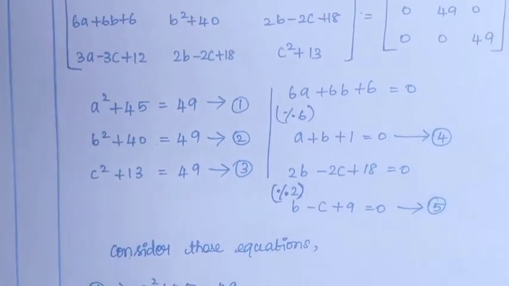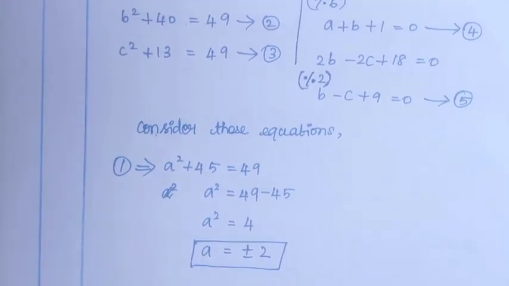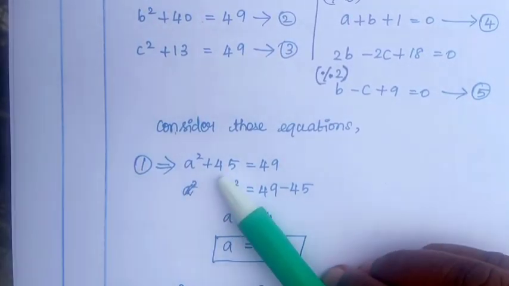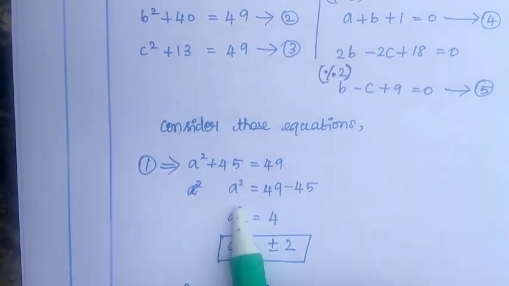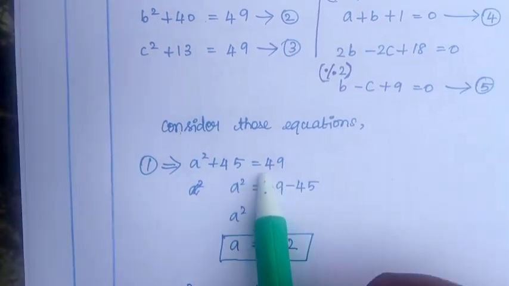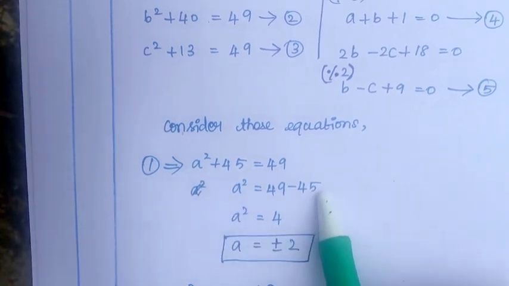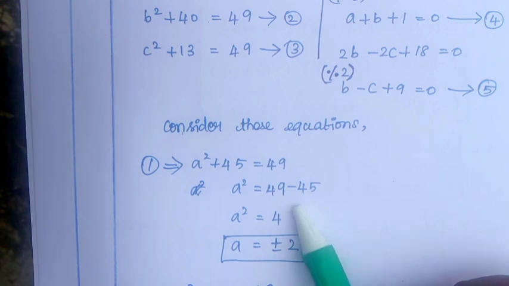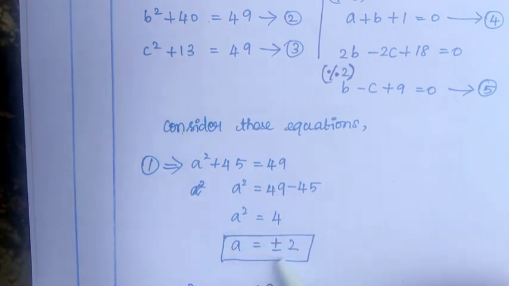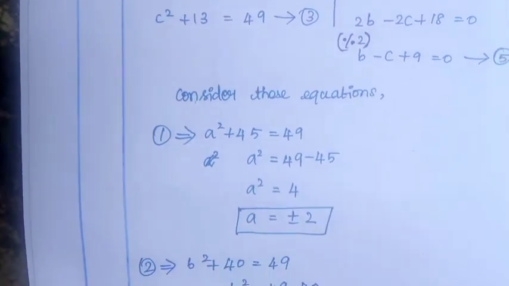Now we have to consider these equations. From the first equation, A square plus 45 is equal to 49, so A square is equal to 49 minus 45, it becomes subtraction. So A square is equal to 4, A is equal to plus or minus 2.